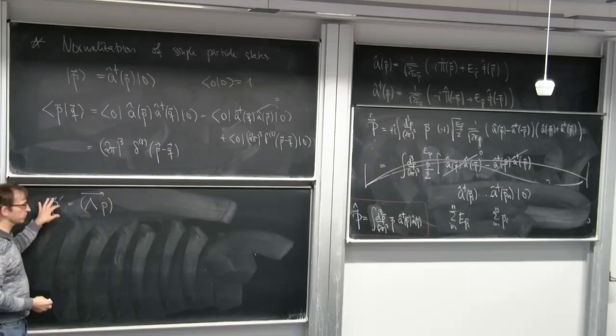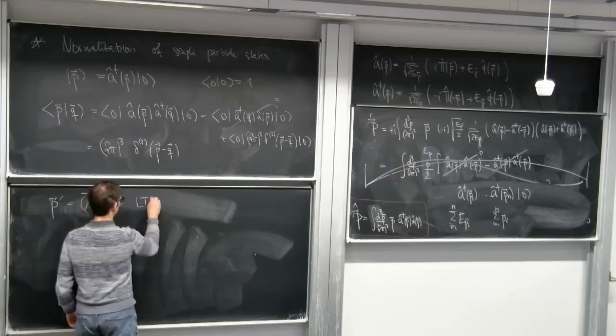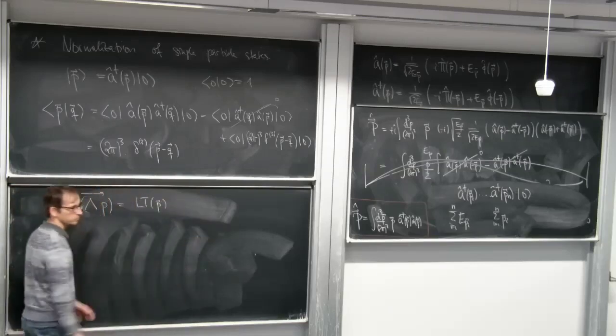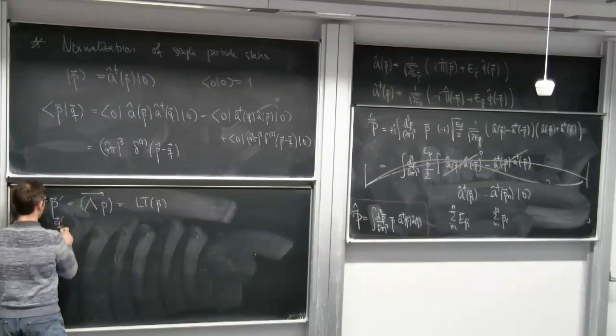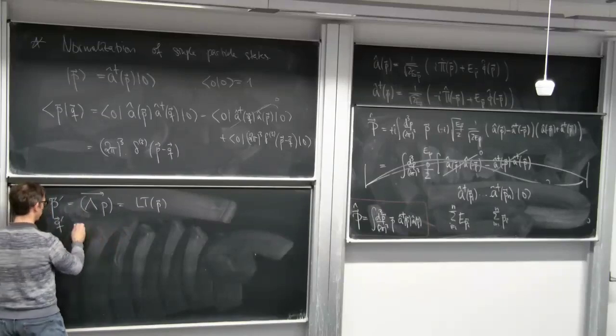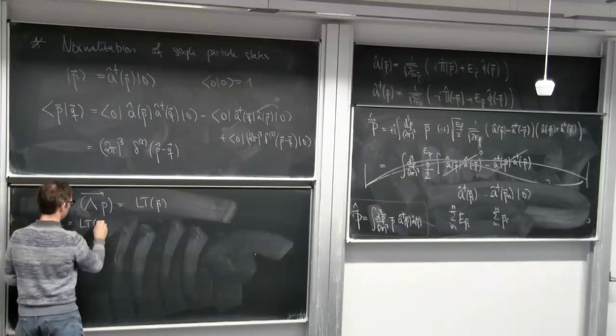So it's the Lorentz transform of P, and I'm going to write this in explicit formulas in a second. And the Q is the same. The Q prime is the momentum that the other observer measures, the Lorentz transformation of the Q.